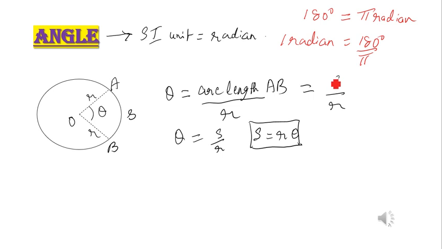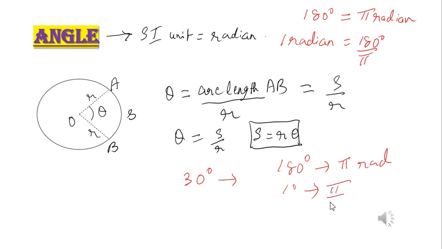So let's say if I ask you what will be the value of 30 degree in radian. See how we will do it. We will write it this way: 180 degree value is pi rad. Okay, 180 degree value is pi rad. So 1 degree value will be how much?